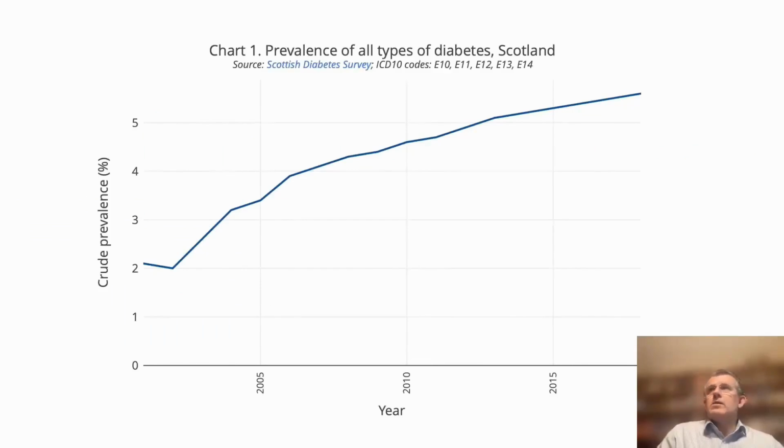When I was training in the 80s, 90s, it was thought that 1% of the population had diabetes, and another 1% had diabetes but didn't know it. Look at where we are now. We're up to almost 6%, heading towards 6% prevalence of diabetes.